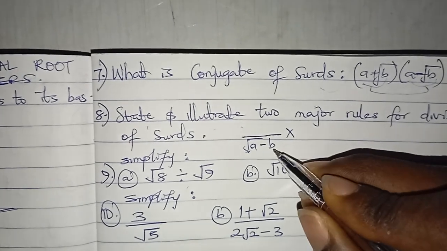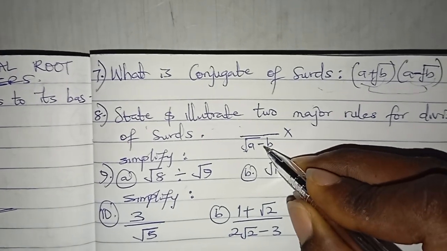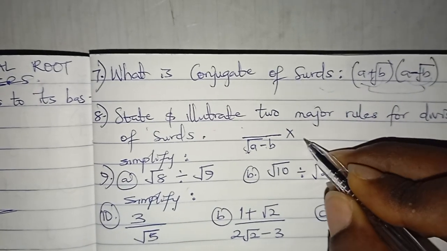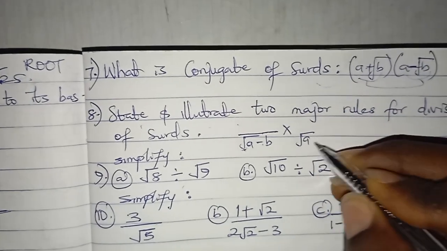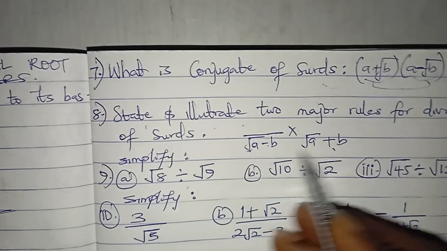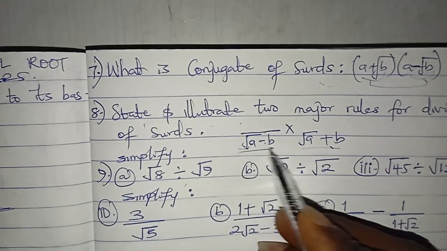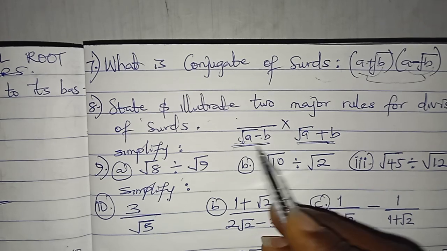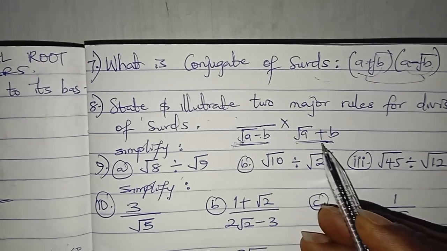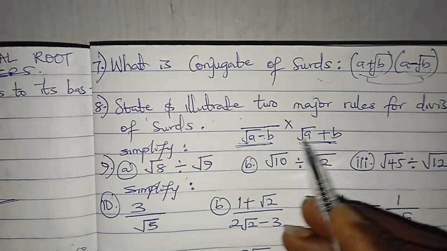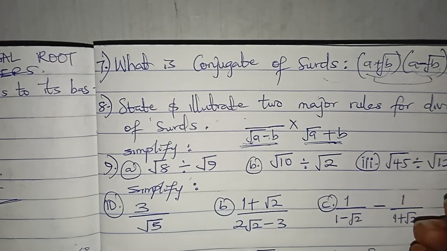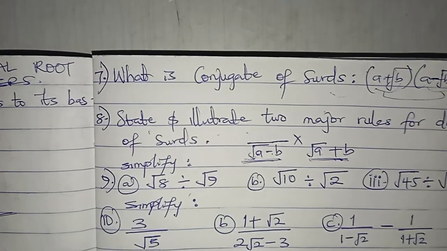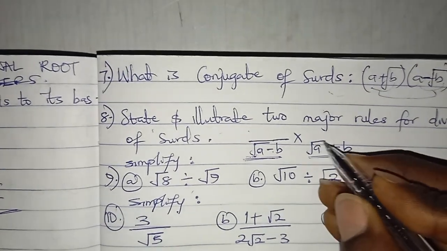Here now we say, since this is root A and minus B, by the time we bring a positive value that will multiply this, we know that conjugates will always make for a rational number. That means it will make the surd leave the denominator, because the denominator is not supposed to have a surd.